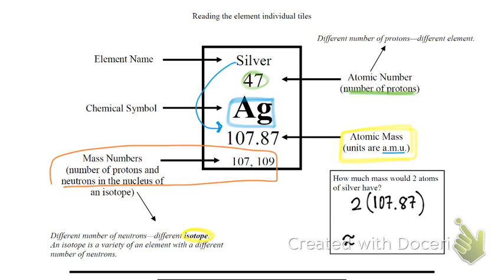What do you get? 215.74. Okay, so I have this little squiggle here because we rounded this. So this is approximately 215.74. And then we need our unit for these, AMU, atomic mass unit.